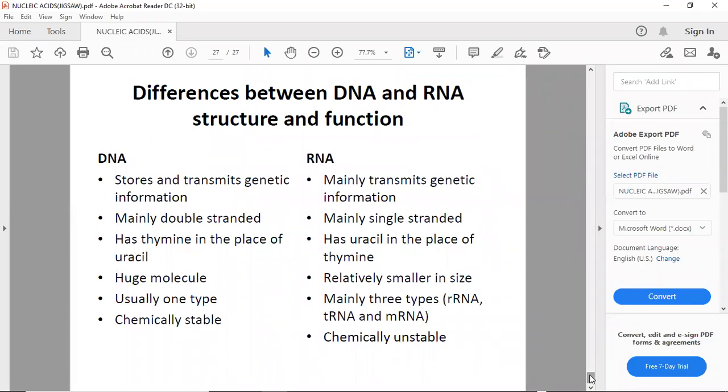We do not have the hydroxyl group in DNA at the 2' position. So the presence of that hydroxyl group, the OH group, in RNA at the 2' position makes RNA more reactive and unstable than DNA.